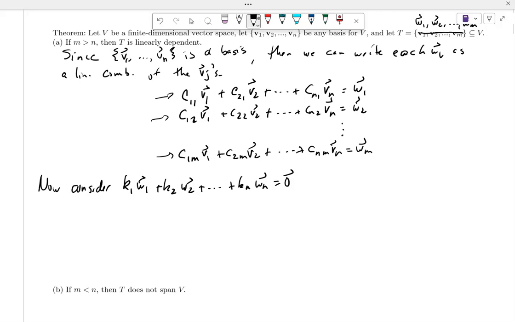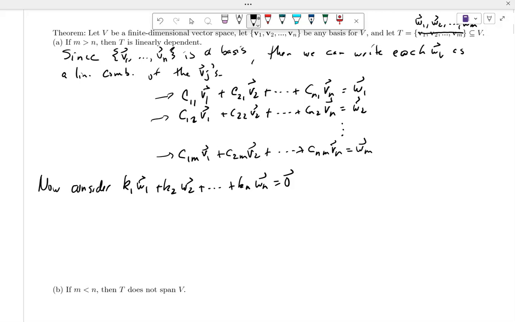Okay. We can substitute those in for each of the W's and rearrange, right? So what's going to be multiplied by the V1? I'll have a K1 times C11. I'll have a K2 times C12, all the way to a Km times C1m, right?